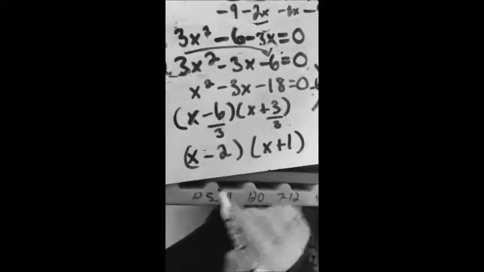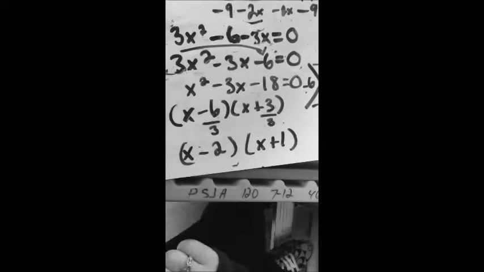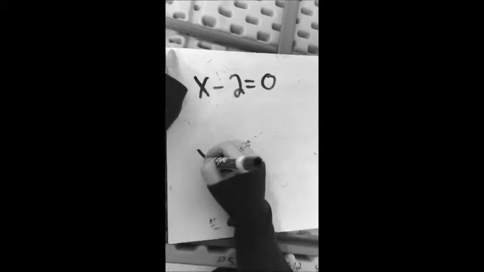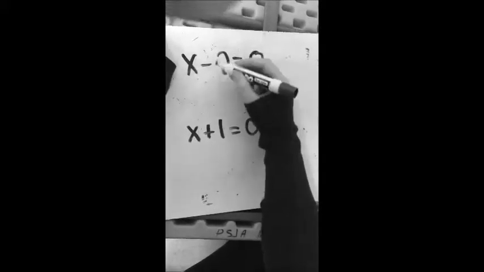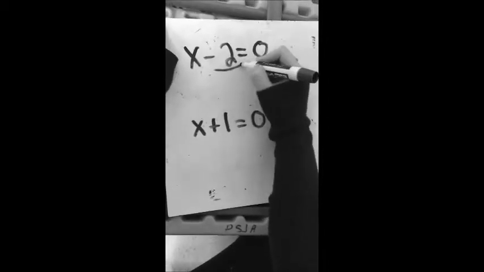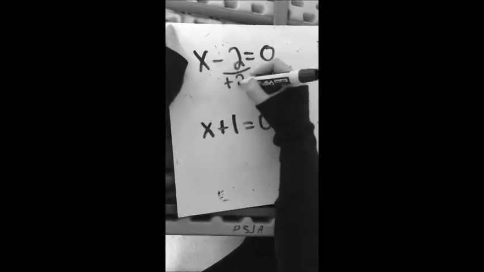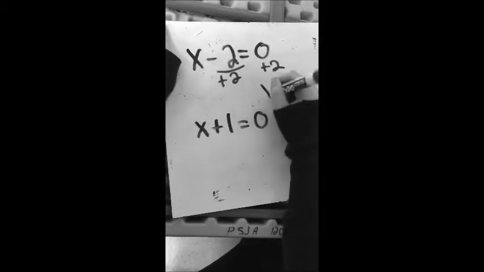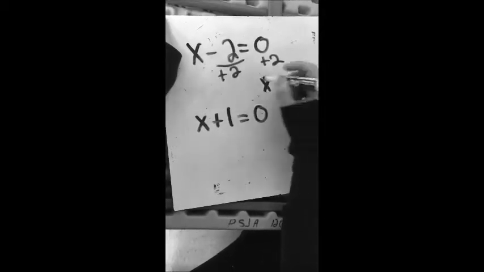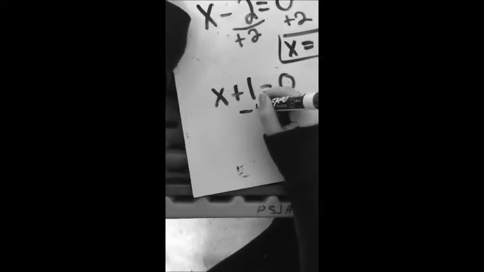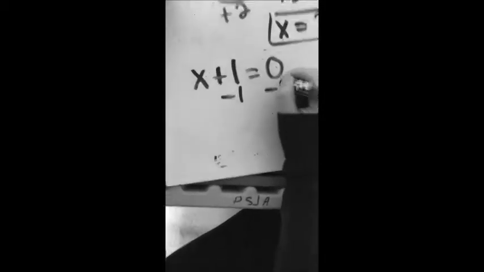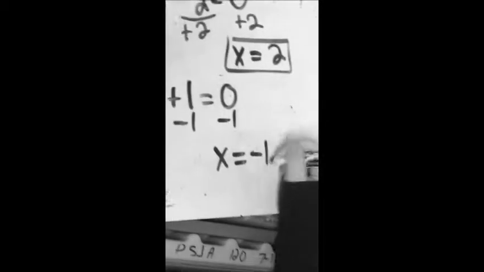Okay, so now we need to solve for x. x minus 2 equals 0, and x plus 1 equals 0. To cancel the negative 2 on the left side, you add 2, and it will be x equals positive 2. And for this one, you subtract 1, and the answer will be x equals negative 1.